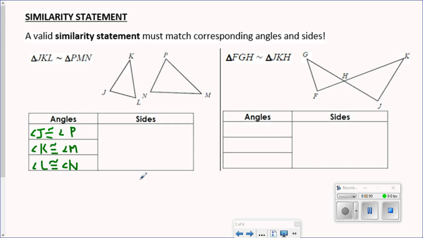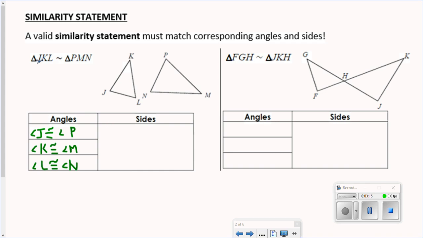Now here's what becomes different. The sides are not equal, because remember, the sides are proportional, meaning they're not the same. They have different sizes, so they're not going to be the same, but they are proportional. So what we can't say is that the sides are congruent, but we can say that they are proportional.